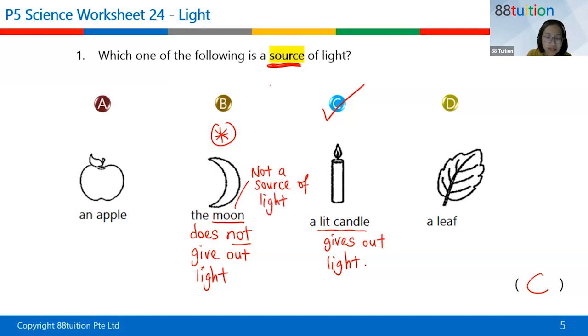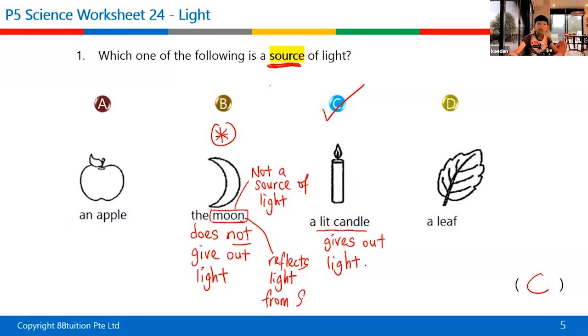But yet we see a bright moon at night because the moon actually reflects light. So the moon reflects light from where? From the sun. At night, there's still the sun, although we don't see it in the sky. The sun will not disappear.